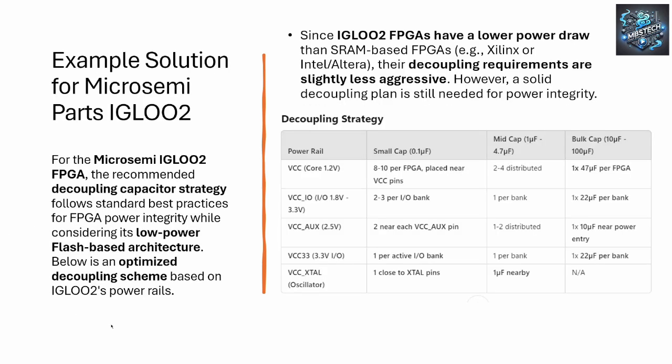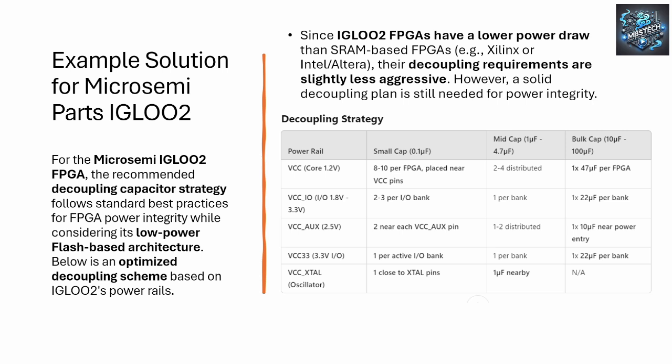In this slide, we show an example solution for a Microsemi IGLOO 2 part. Since the IGLOO 2 have a lower power draw than SRAM based FPGAs, for instance Altera and Xilinx, their decoupling requirements are slightly less aggressive.